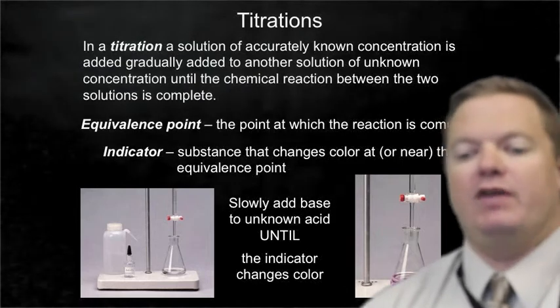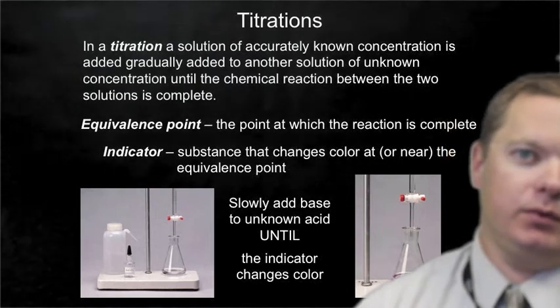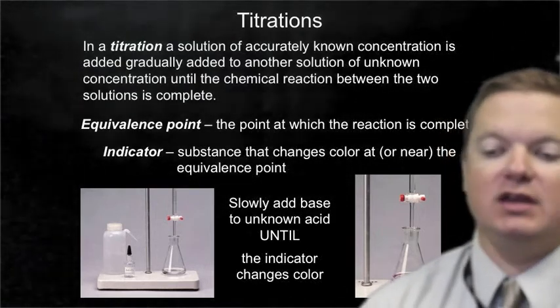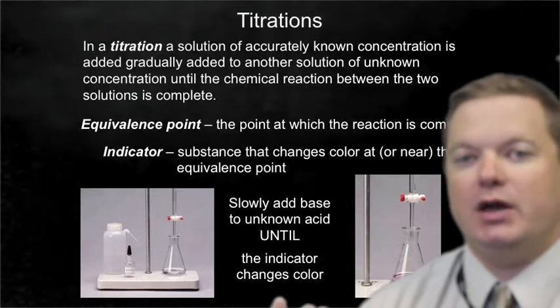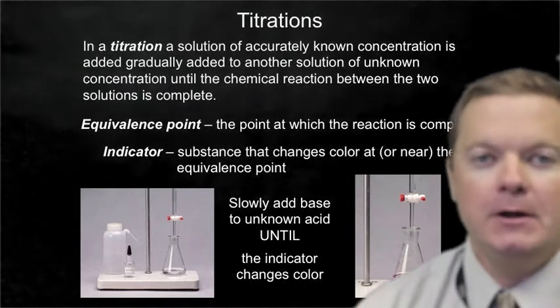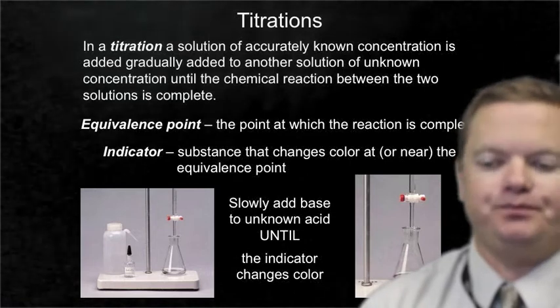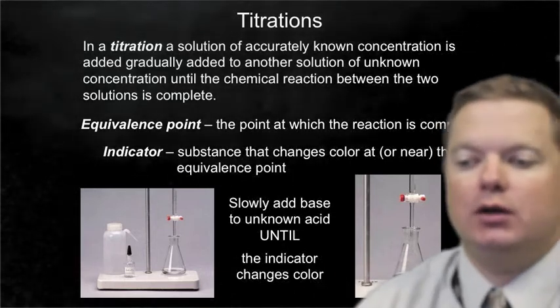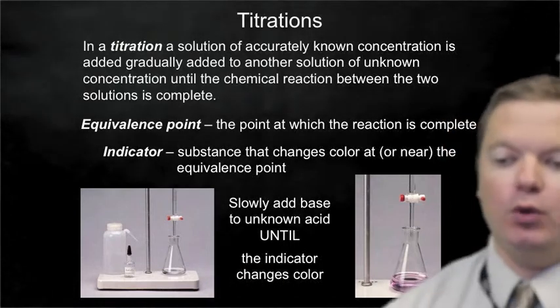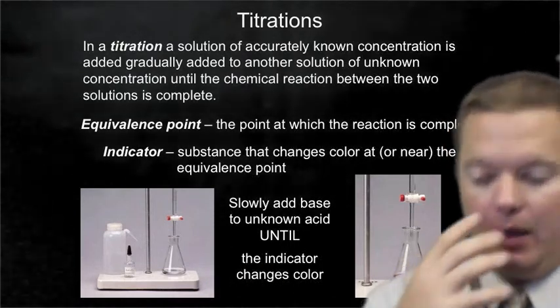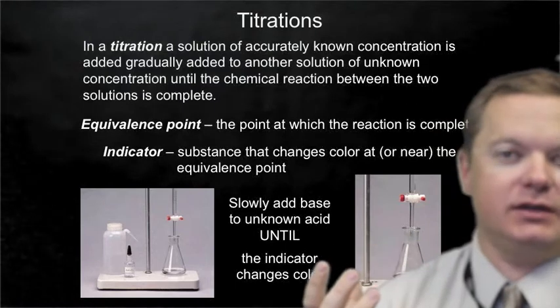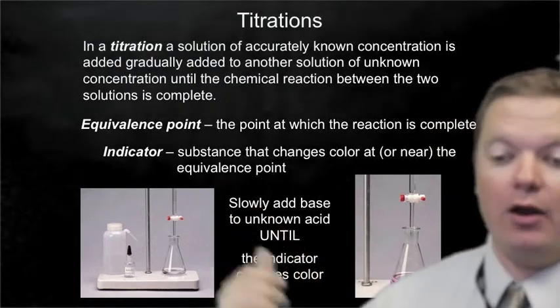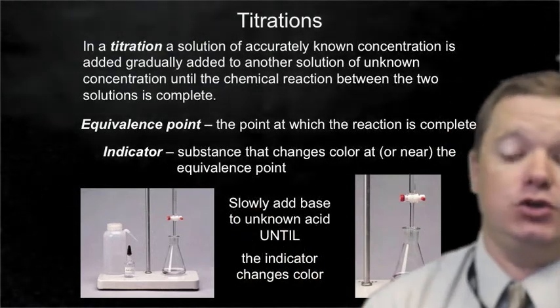Typically we'll use some sort of an indicator, like we've done in lab, or we'll do in lab, where we can see a color change. So it's typically a substance that changes color near our equivalence point. Once we get close, that solution is going to change color. So if we look down here in this example, we're going to take a basic solution, say KOH, in our burette, where we know its concentration well.